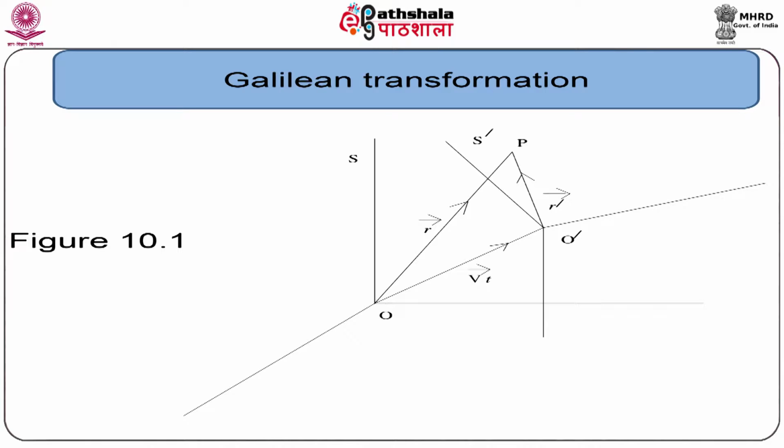S is an inertial frame. Since at the initial time both the systems are at the same position, both origins O and O dash were coinciding. After time t, the S dash frame shifted to the present position. As S dash frame is moving with uniform velocity capital V vector with respect to S frame, OO dash is given by V vector into time t.